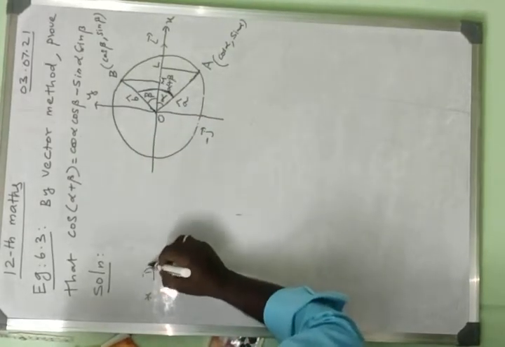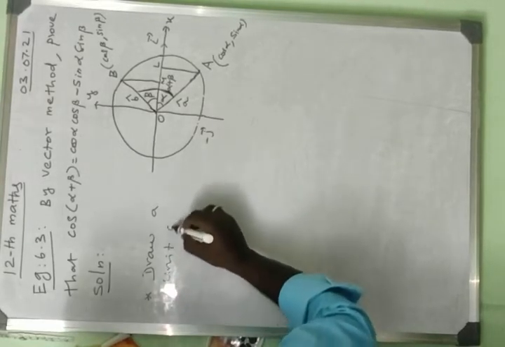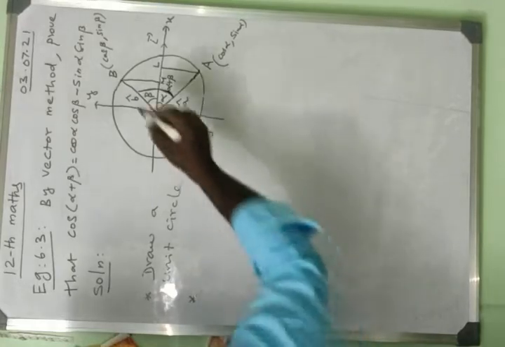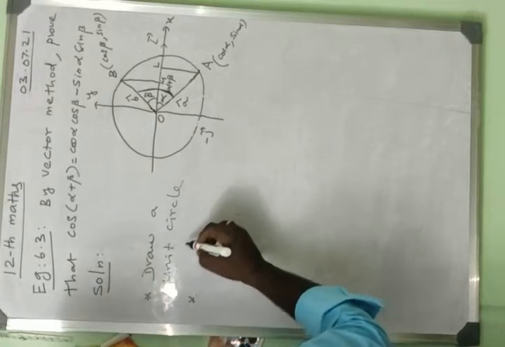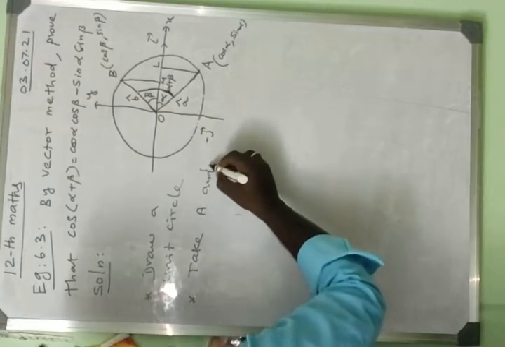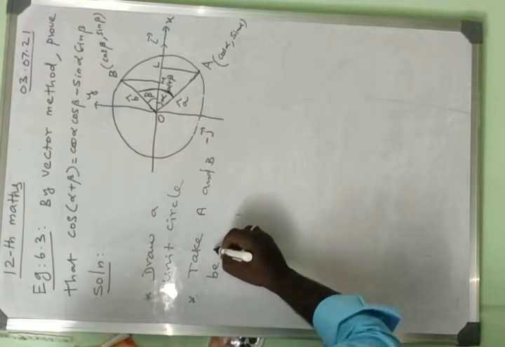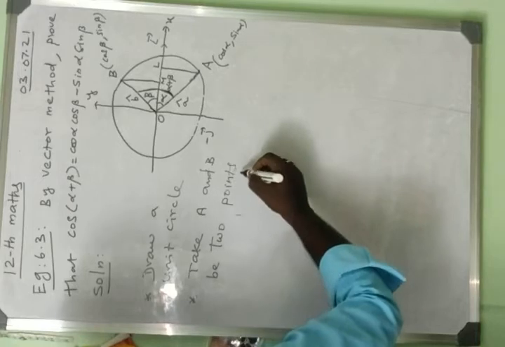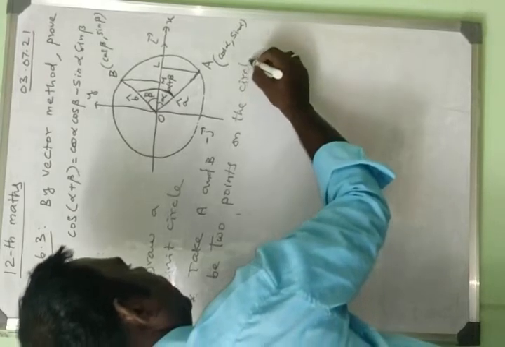Next, take A and B, two points on the circle.